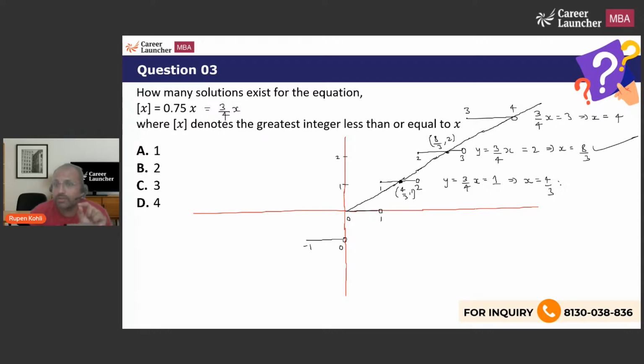See, so we got this, we got this. So is the answer 2? Well, don't forget the origin also. That was also a point of intersection. The graph was here at 0. Greatest integer of x is also 0. 3 by 4 of x is also 0. So this is another point of intersection.